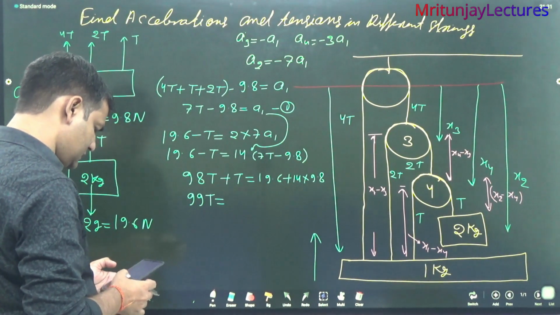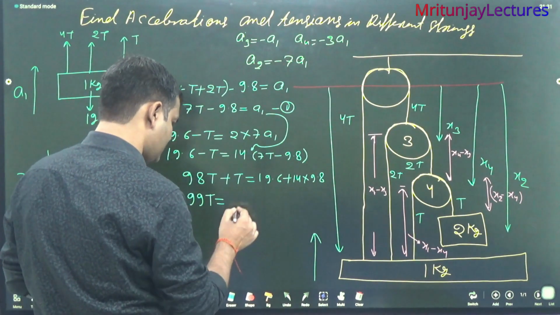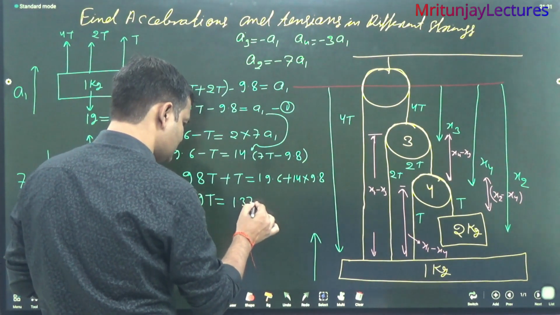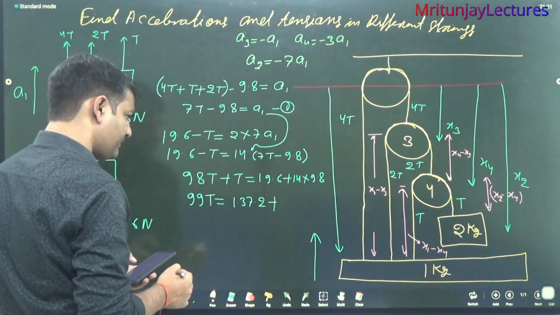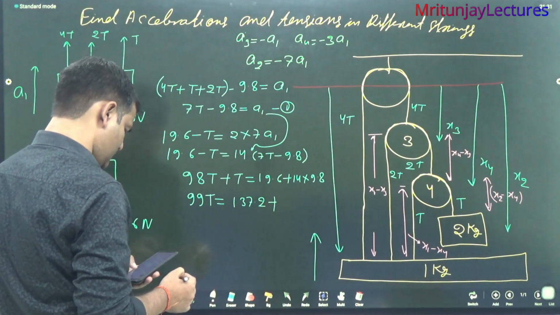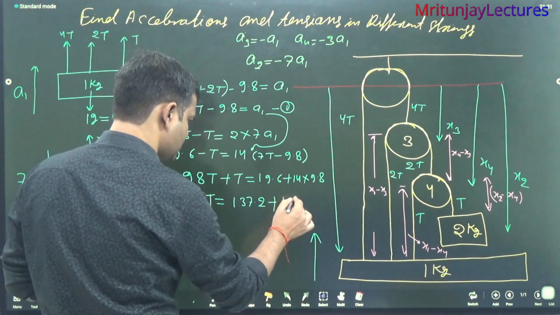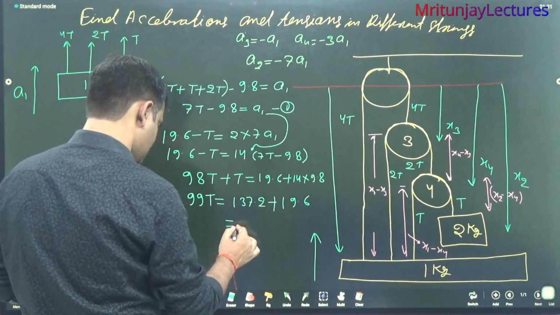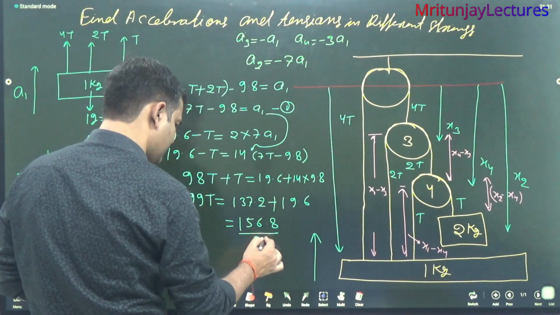14 into 9.8 is 137.2, plus 19.6, that is we got 156.8 divided by 99.